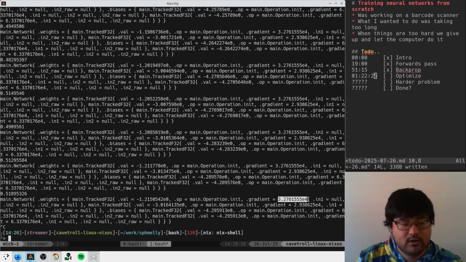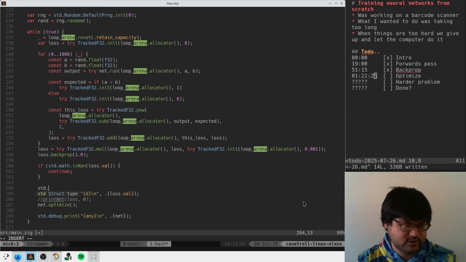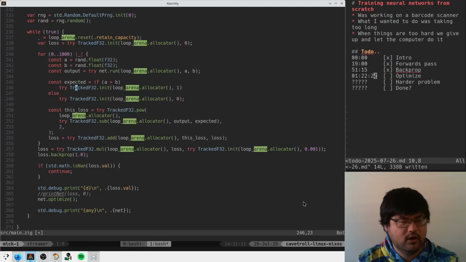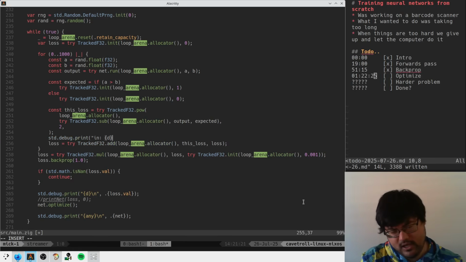Okay, can we log the inputs here as well? Let's log the inputs here. So let's do std debug. Okay. Print inputs A, B.